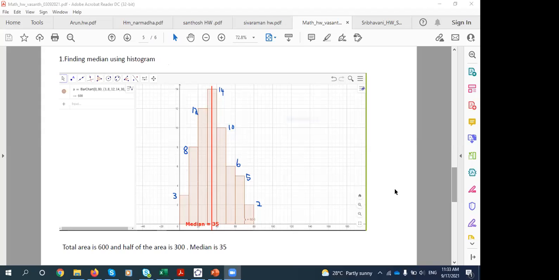Okay. Now this one, I found it again to be a bit doctored in the sense that your median is exactly at 35. I would have preferred if it was 34, 33 or 37 or something like that.